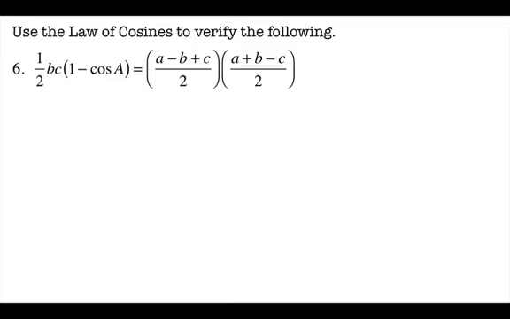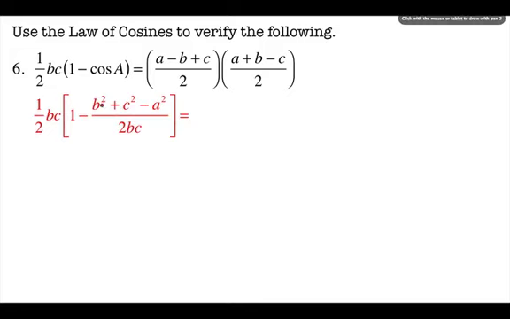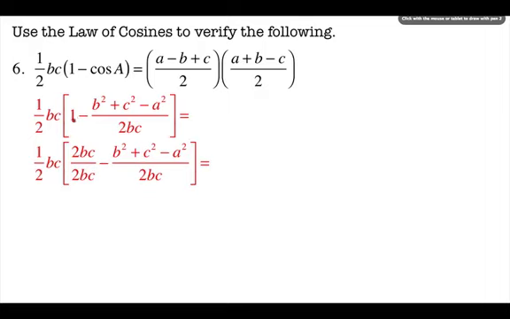Persevere through this problem. Okay, so what I'm going to do is make sure that one side is equal to the other side, so I'm going to work on the left side. Using the law of cosines, I can write the following. This is just that. Everything else is here. Now I wrote brackets instead of the parentheses you see there. Then I want to have the same denominator, so I multiply this top and bottom by 2bc, and this is what I get.